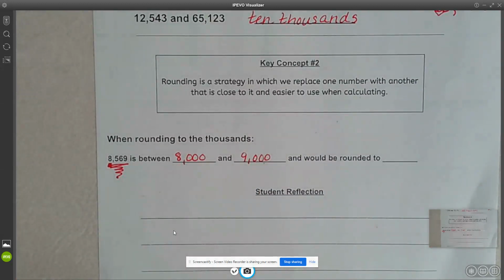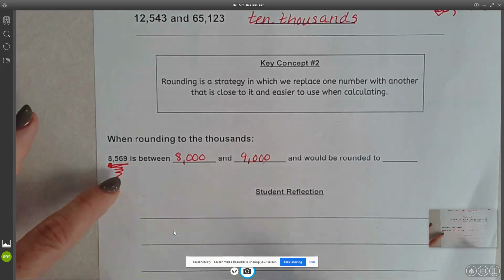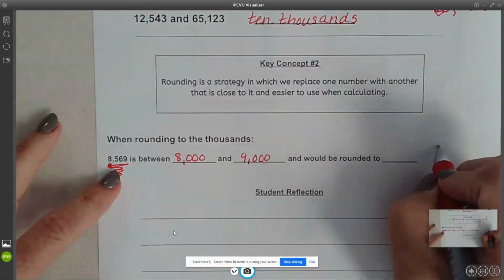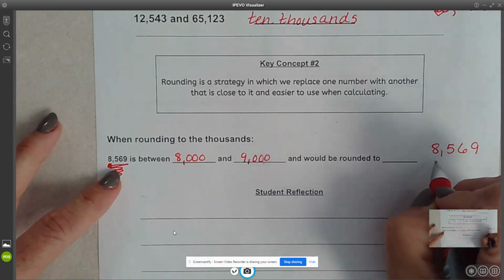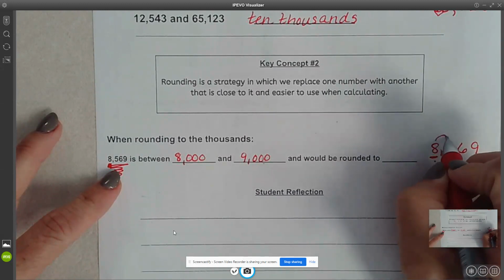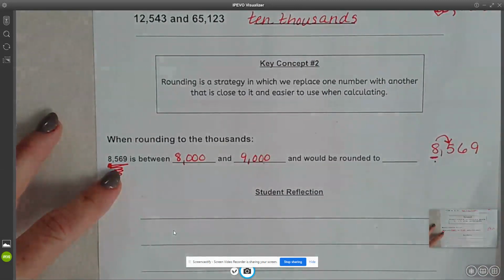Now, would it round up to the 9,000 or would it round down to the 8,000?